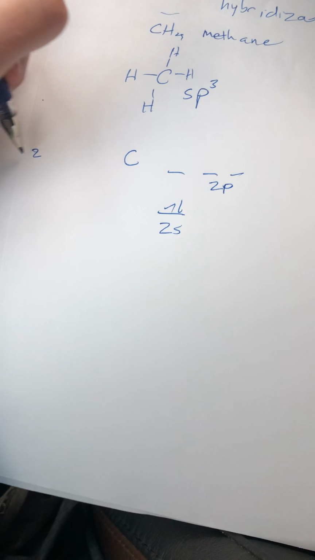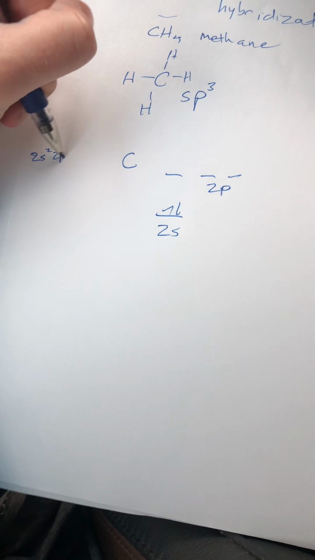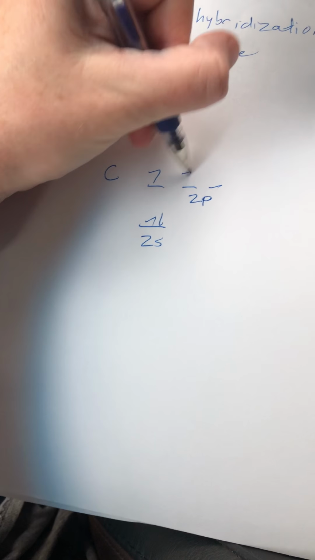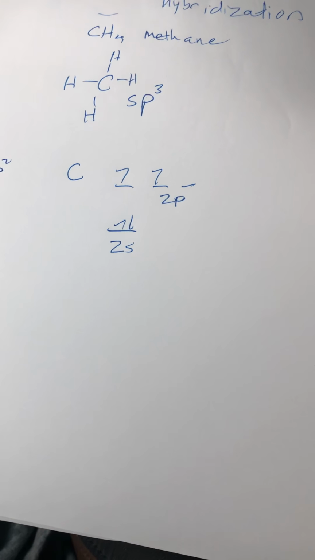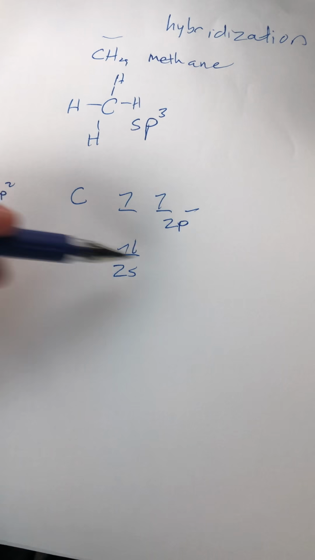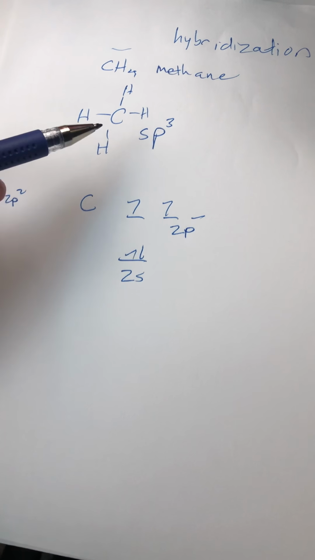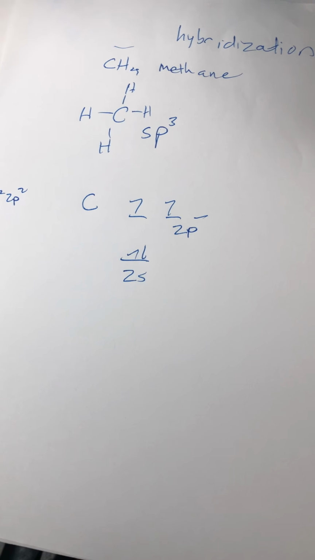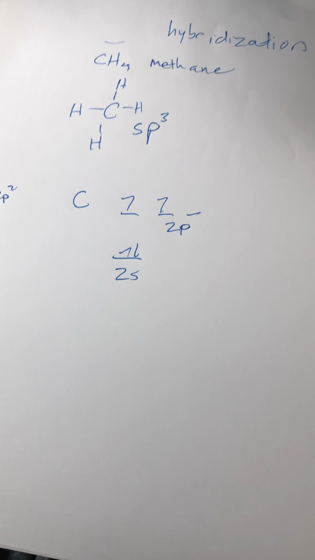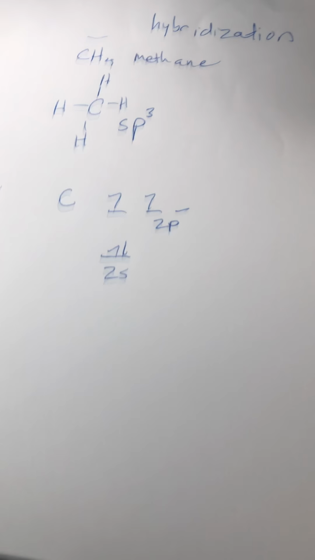Its configuration is 2s2, 2p2, and so it's got 2 in the 2p. And then I said, okay, great, which one of these are bonded in this thing? And the truth is, really none of them and all of them kind of at the same time.